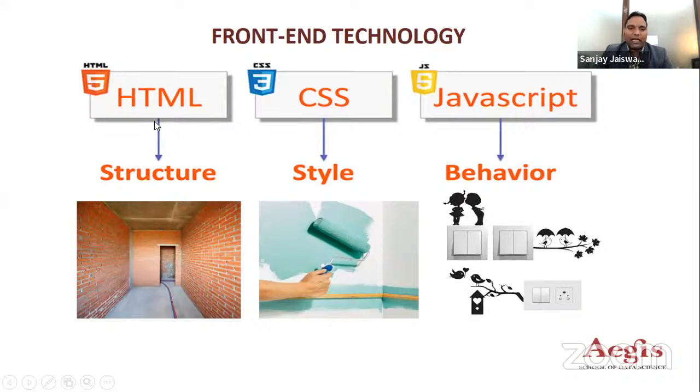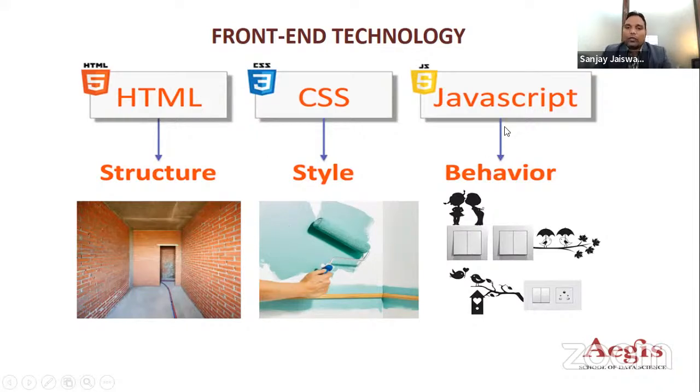But using only HTML will not give a good look. To make the website more appealing, you use CSS, the cascading style sheet, which gives style to that structure. Now your website looks attractive.